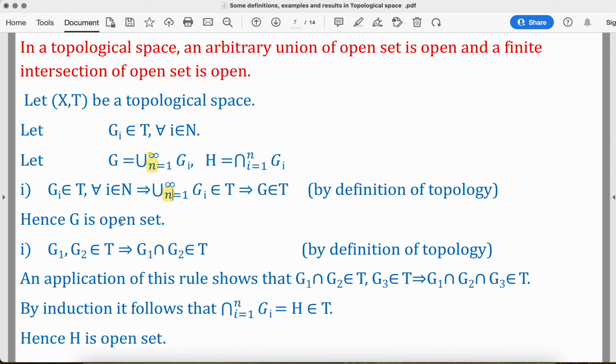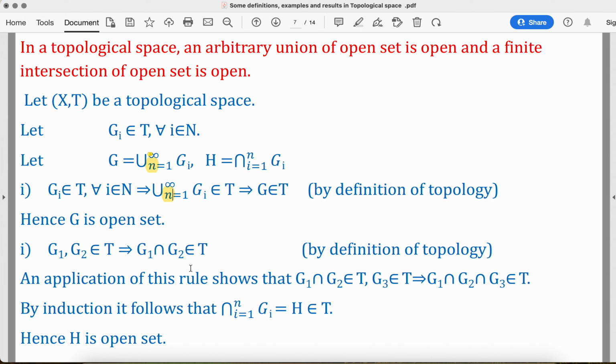It means G is an open set. Because G1, G2 belong to T, G1 intersection G2 also belongs to T by the definition of a topology.